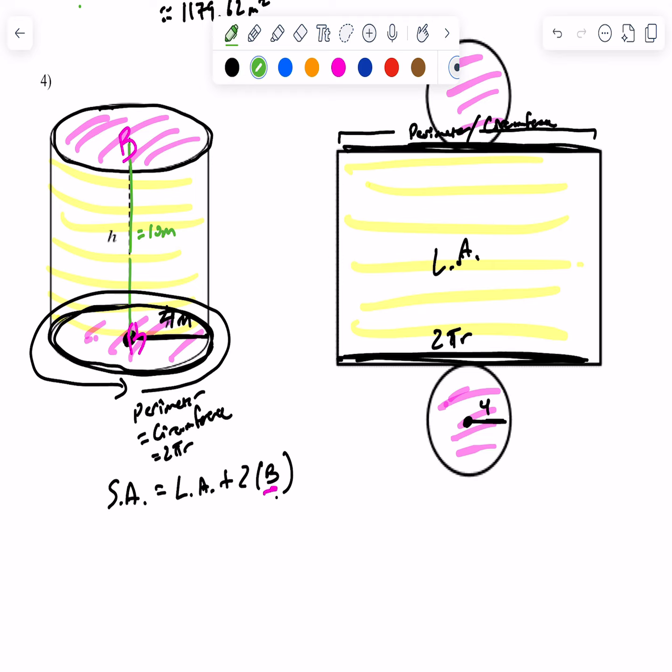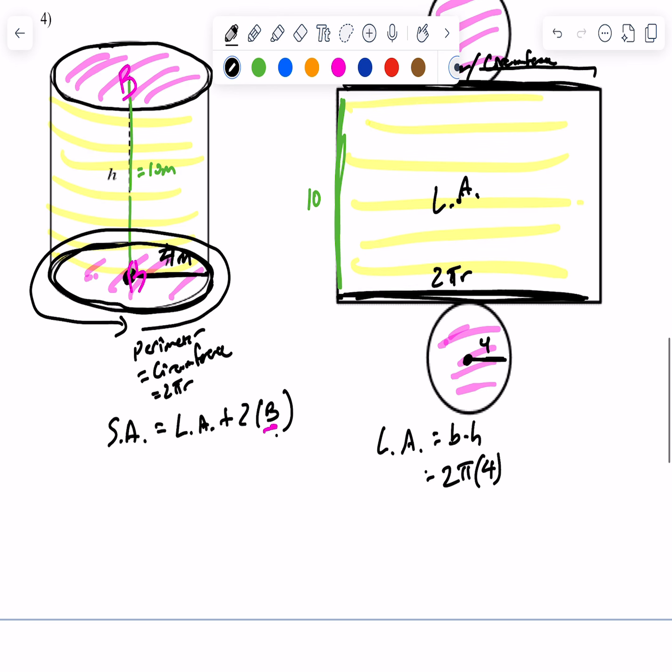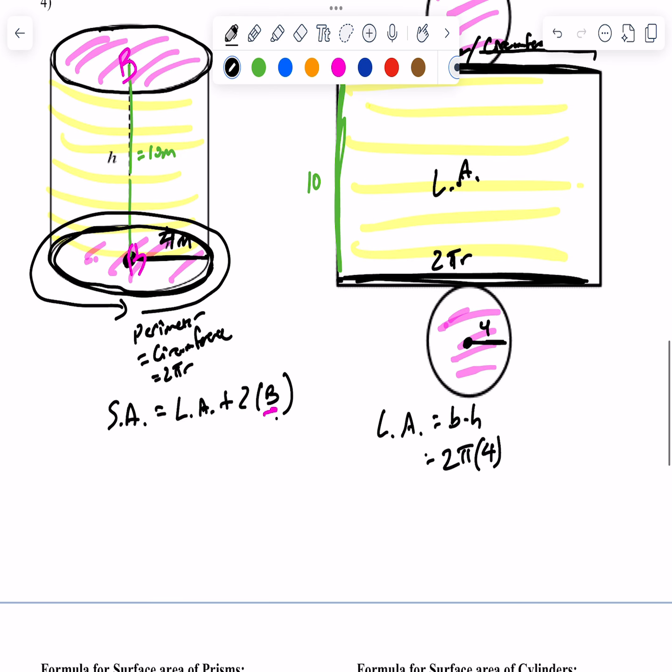And then what is the height? It's just this guy right here, which I think we said was 10. So our lateral area is just a rectangle, base times height. It's 2 pi times the radius, which is 4, times the height, which is 10.